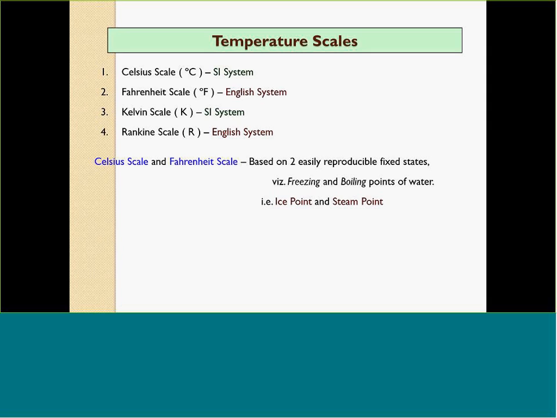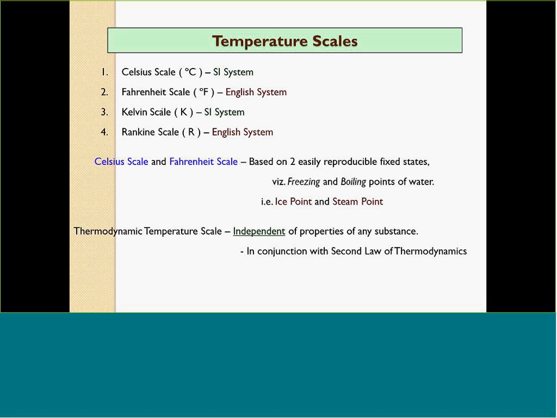Mostly under the standard, we're going to use the Celsius and Kelvin scale systems. Then you have the thermodynamic temperature scale, where we focus on the Kelvin scale, in conjunction with the second law of thermodynamics. That's why we are more focused on the Kelvin scale system.